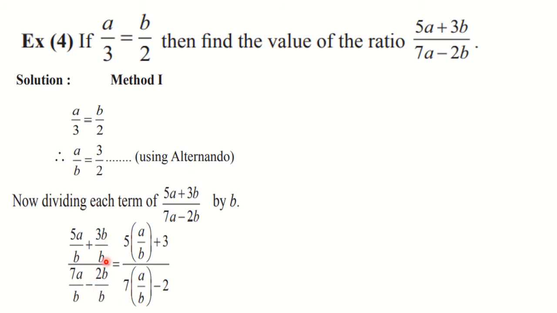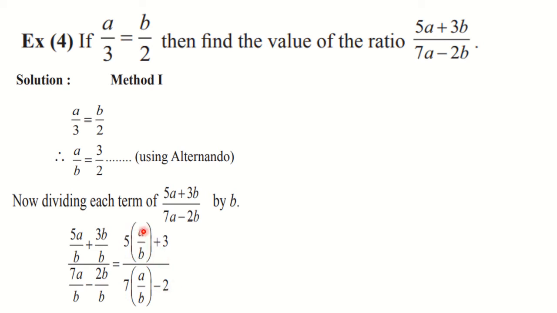So here b and b got cancelled. While writing, 5 is taken out and in the bracket we have written a upon b, because we know the value of a upon b. So 5 inside the bracket a upon b plus 3 divided by 7 into a upon b minus 2.